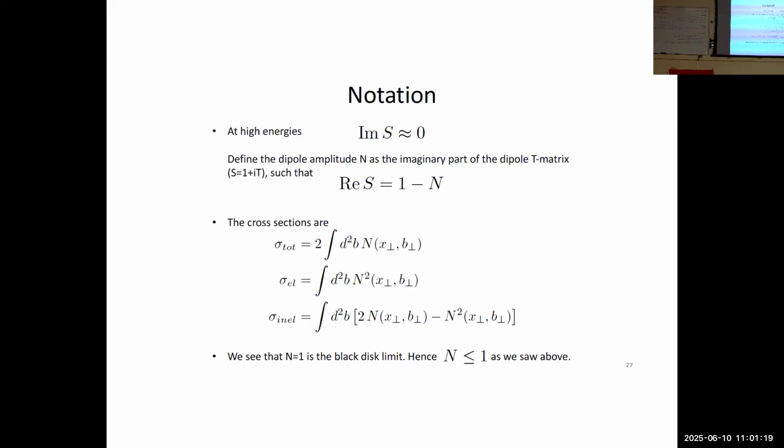I have to erase this thing on the right-hand side, even though I drew it, but I have to clean this up. You've seen these formulas already today and also on the slides.